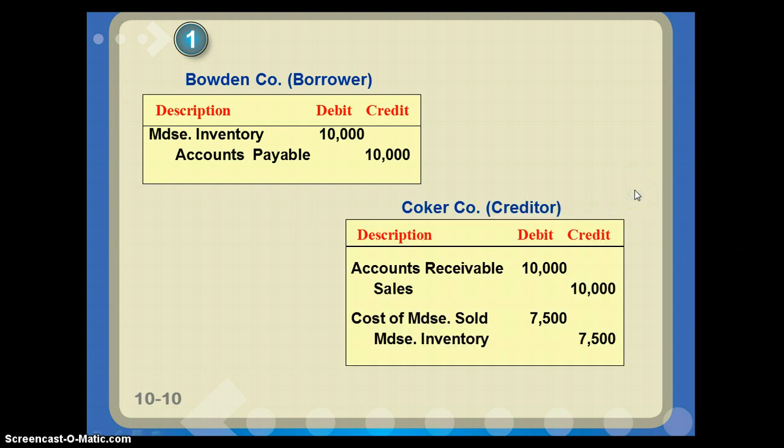So Coker Company, the creditor, has accounts receivable, because Bowden Company is going to pay them. So it's a receivable for the person who is selling the goods. And we credit sales. We also have to account for our cost of merchandise sold and our merchandise inventory. If you're confused, go back, look at the previous slide, and look at the numbers to review what that is.